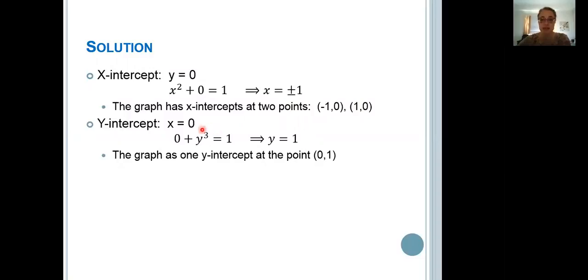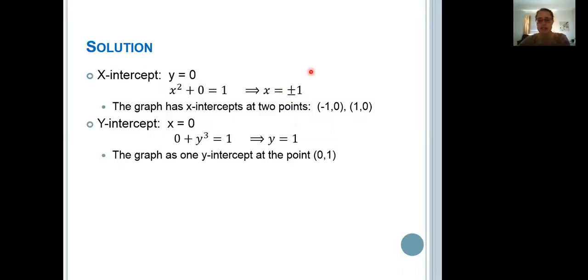On the y-intercept, the y-intercept occurs where x equals 0. With x equals 0, we get y to the third equals 1. That only happens where y equals 1. We don't have to take positive or negative because -1 to the third power is not 1; -1 to the third power is -1.